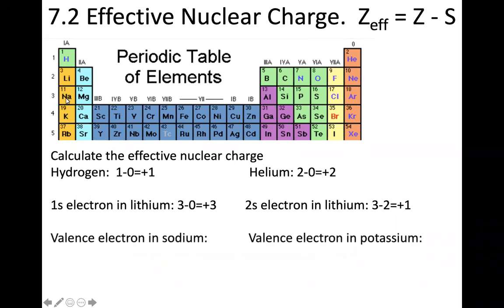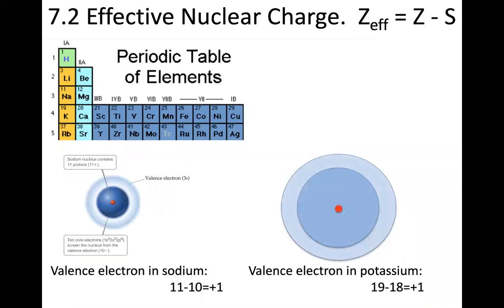When we move on to things like sodium or potassium, both of those are back to being +1. We've reached a maximum with the noble gas, and then it's back to having, for sodium, 11 protons and 10 shielding electrons. For potassium, 19 protons and a total of 18 shielding electrons.